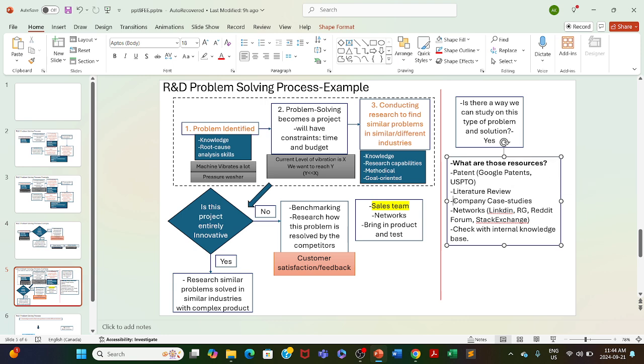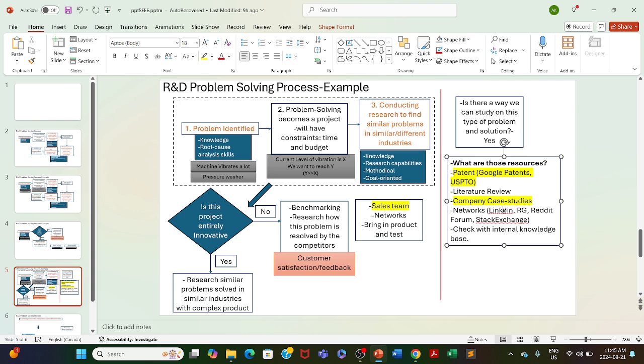One thing that is really interesting to me is going through different patents. I'm not quite sure how to do that, so I'm going to explore that in the next lecture. After that, I will go through company case studies. This is also interesting. How do we go through the company case studies, and what are those actually?